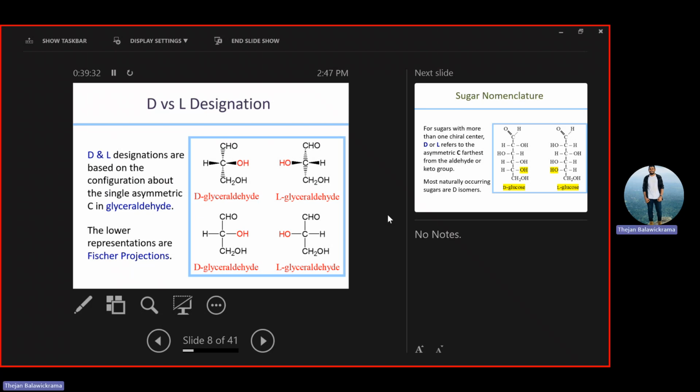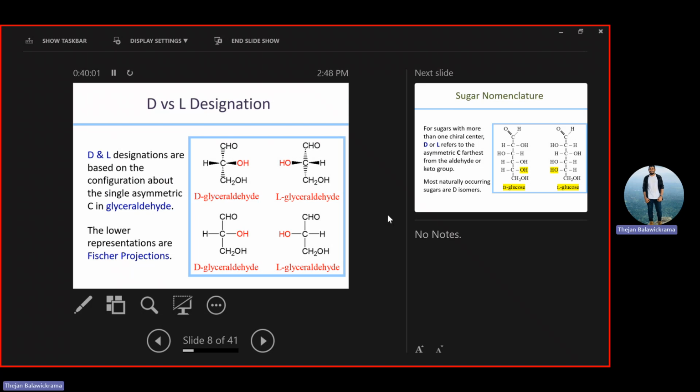We'll say this is a mirror, and then this is the mirror image. We don't need big physics knowledge to understand that in a mirror image, left and right change. So in the mirror image, bromine will be on the opposite side, and hydrogen will be on the opposite side from the original.